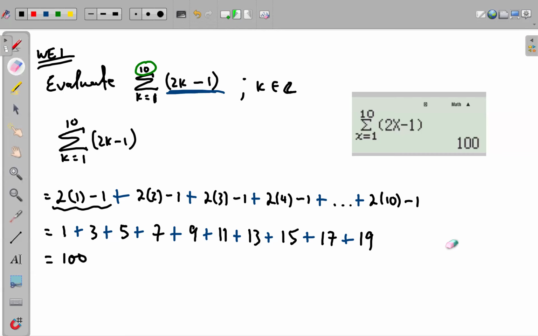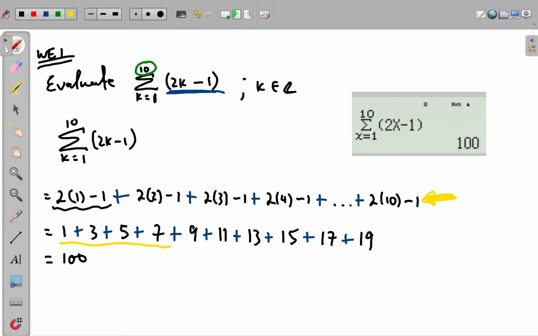Now, if you do not have a calculator that has this function, then instead of writing this whole step out, the step that I'm highlighting in yellow, what you could do is just work out the first 3 or 4 terms.